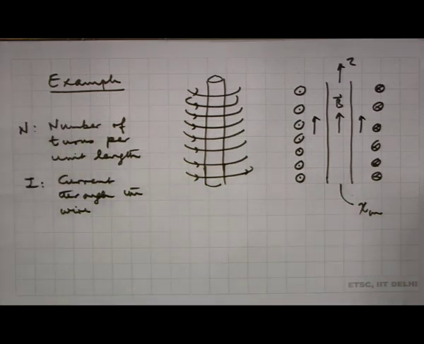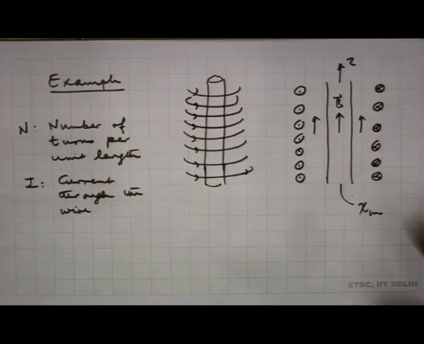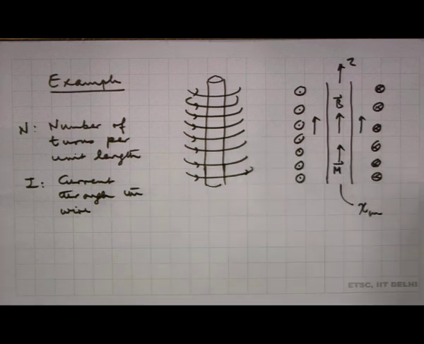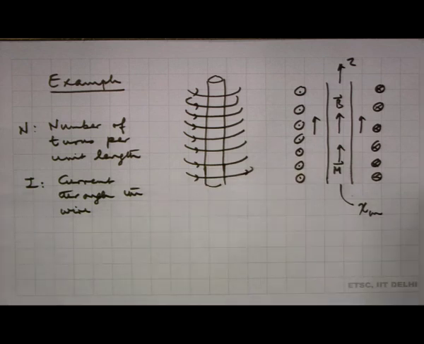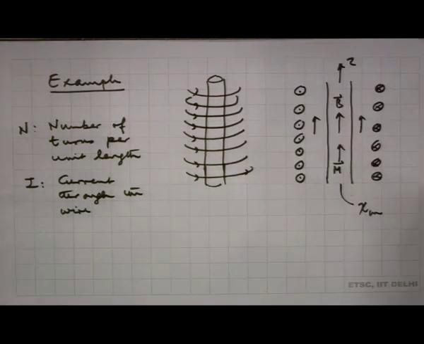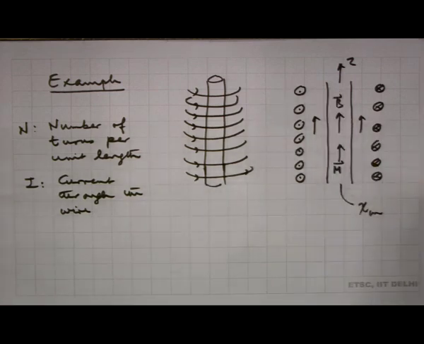For an infinitely long solenoid, the magnetic field outside is 0. So, the magnetic field is generated inside. This magnetic field is going to magnetize this medium, with a magnetization in this direction. So, the magnetic field generated by the current carrying conductor magnetizes the medium, which then has a magnetization in the vertical direction, and this magnetization, as we have seen, is equivalent to current passing through the surface of this material.